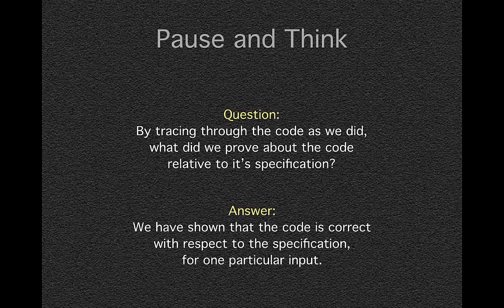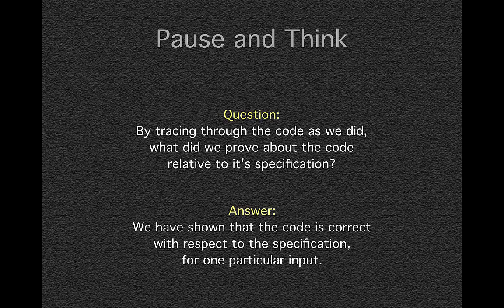Effectively, this means that we have proven roughly the same thing that a single test case would have proven, that the actual value equals the expected value for one particular input. Of course, if you choose your test cases wisely, you can have a good deal of confidence that your code is correct, but you just can't prove it in general for all arbitrary input.